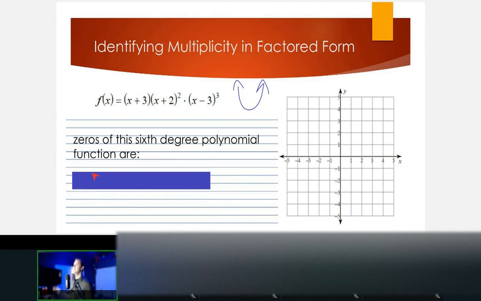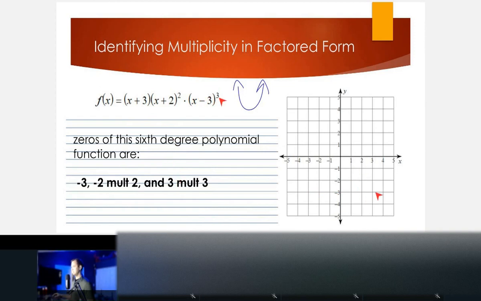Oh, I'm sorry, -3, -2, and 3. Those are the 3 zeros. And then you would expand on that by saying, well, that's just -3. This is -2 with a multiplicity of 2. And this one would be 3 with a multiplicity of 3. So all the ones that have multiplicity of 1, you don't state it, it's implied. So nobody should write -3 multiplicity 1. You don't do that.